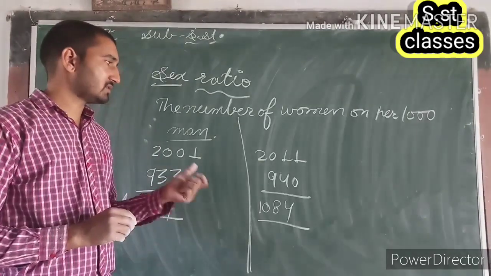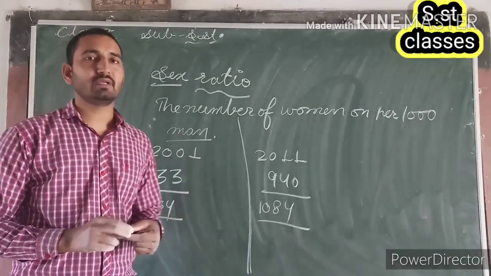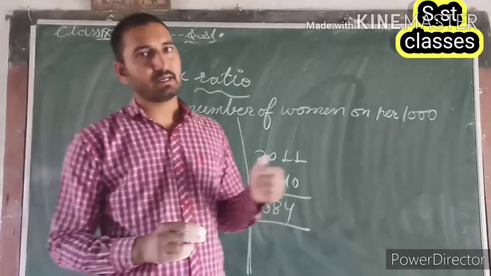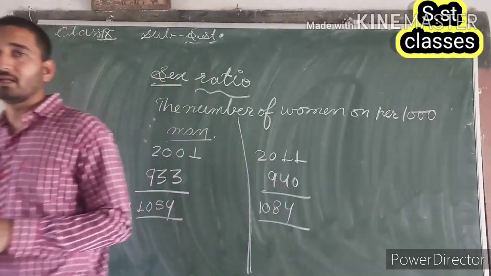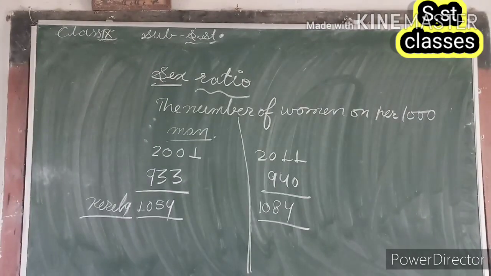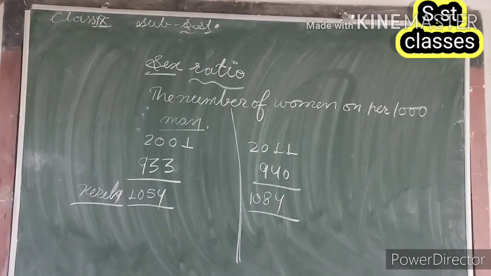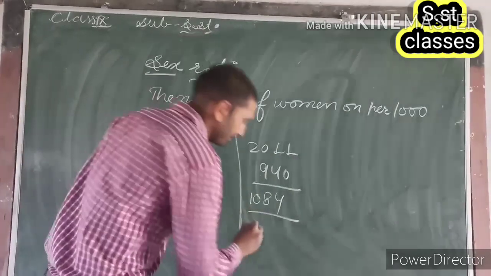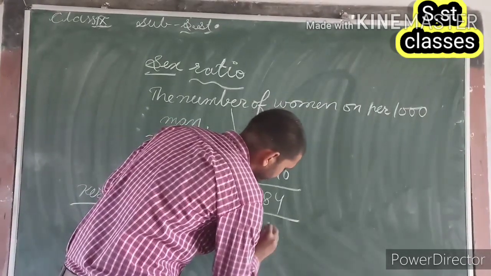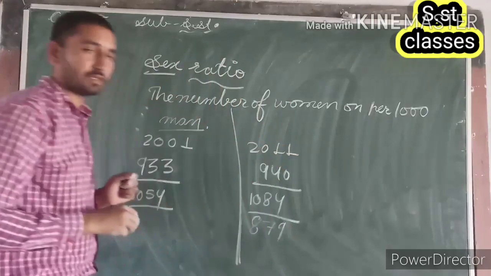If we talk about the state with lowest sex ratio, then our answer will be Haryana. Is that clear? Haryana has the lowest sex ratio in the country according to the census of 2011, which was 879. Okay.